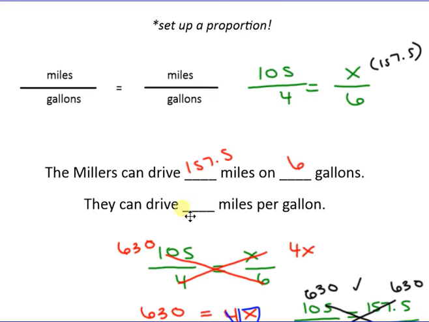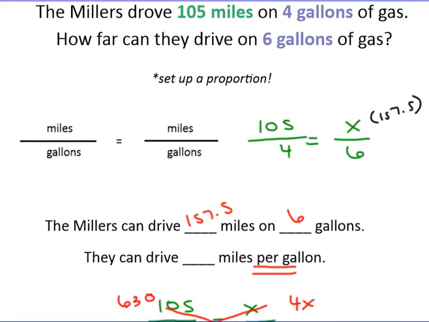Now it's asking me a unit rate question again. How many miles can they drive per gallon? So I can either find it with this one or with this one. I'm just going to use this one right here. So 105 miles over 4 gallons.